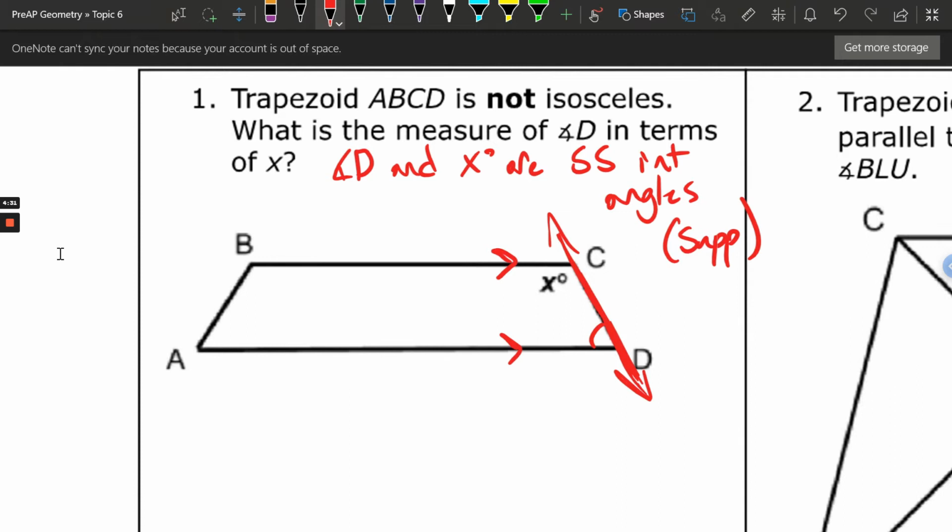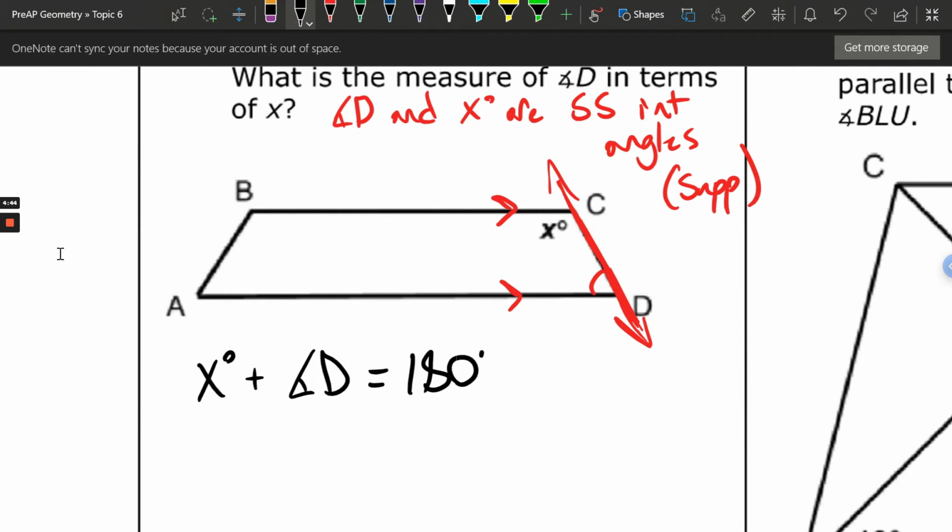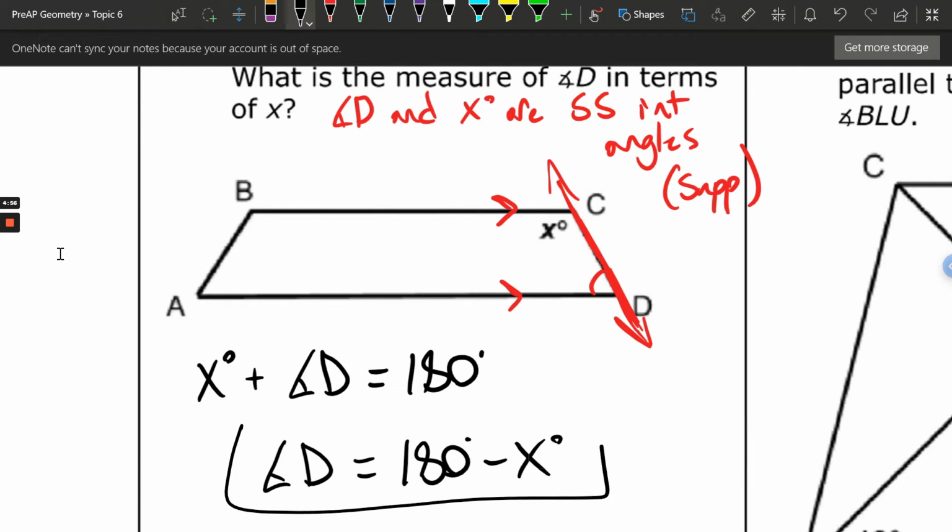So we could do x degrees plus angle D is equal to 180 degrees. Since we want the measure of angle D in terms of x, I'm going to rearrange this equation: 180 degrees minus x degrees is equal to D degrees. So we have angle D in terms of x.